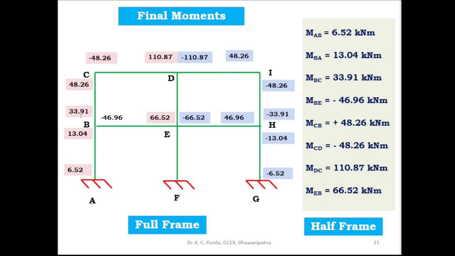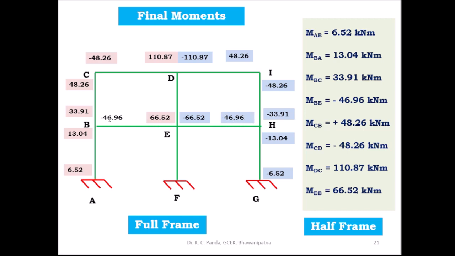Then here you got MBC is equal to 33.91 kilonewton meter, and here you put MHI is equal to minus 33.91 kilonewton meter. Here you got MCB is equal to 48.26 kilonewton meter, and on the opposite side you put MIH is equal to minus 48.26 kilonewton meter. Then MBE you got minus 46.96 kilonewton meter, and here you put MHE plus 46.96 kilonewton meter.